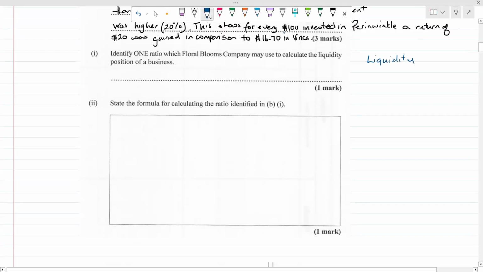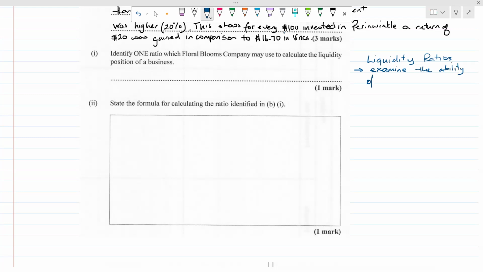Liquidity ratios examine the ability of a firm to meet its short-term debt obligations.